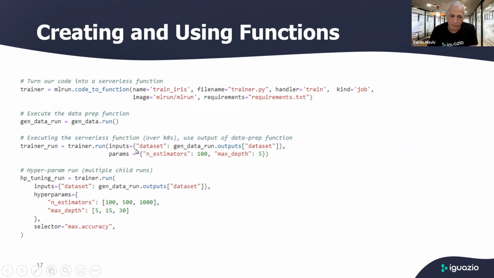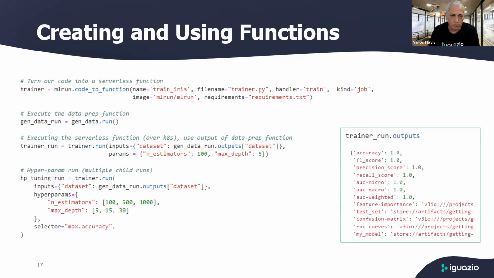And now if I want to run the same function with a dozen different permutations and different parameters and choose the best model, the only thing I need to do is just pass hyperparameters to it instead of regular parameters, and it will execute the same job with all the different permutations and select the one with the best accuracy that we specified here. So we can essentially automate the tracking and automate the execution without doing any coding. And finally, this is an example of all the different metrics that are being collected automatically. Remember, in our code, we didn't do any logging, any instrumentation, any packaging, just added one line of code.